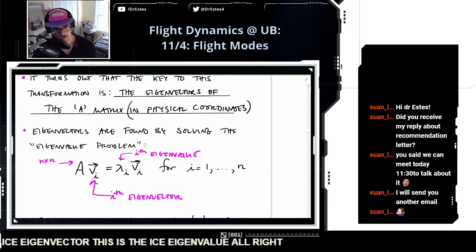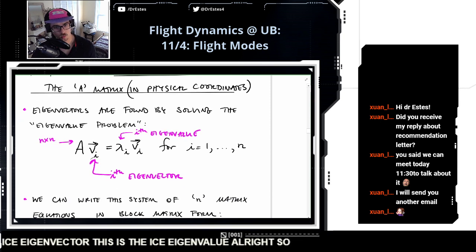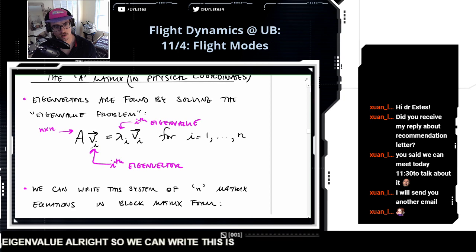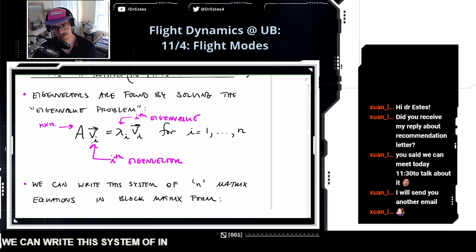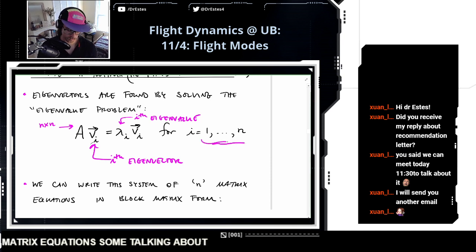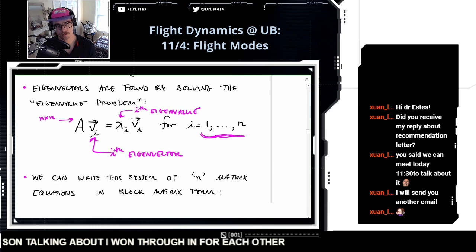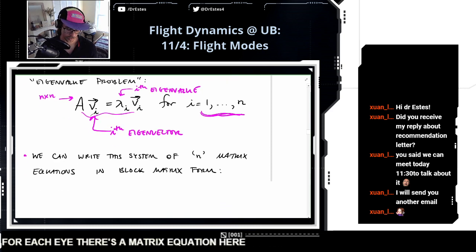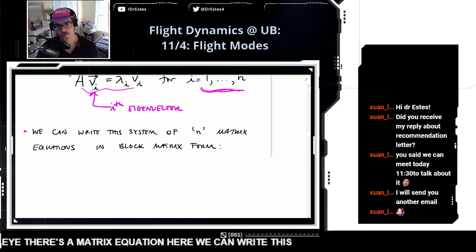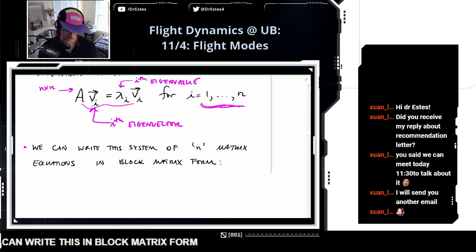All right, so we can write this system of n matrix equations. I'm talking about i from 1 through n. For each i, there's a matrix equation here. We can write this in block matrix form. So this is what I mean.